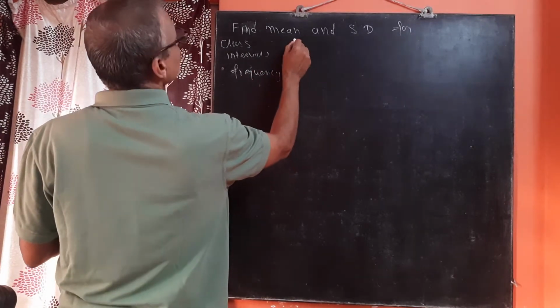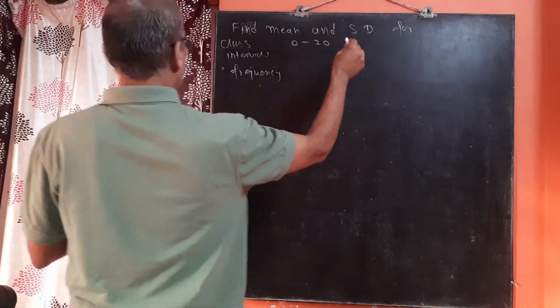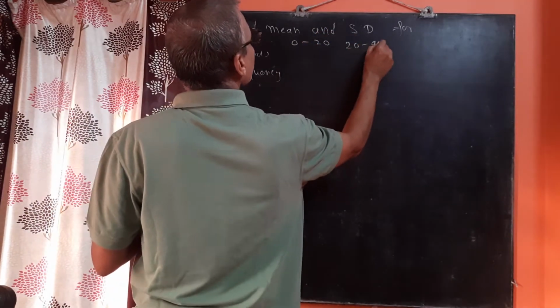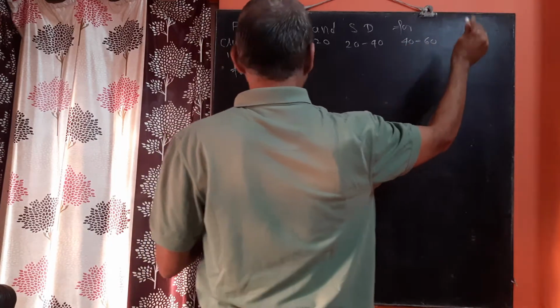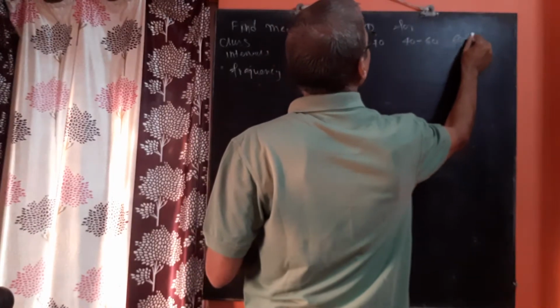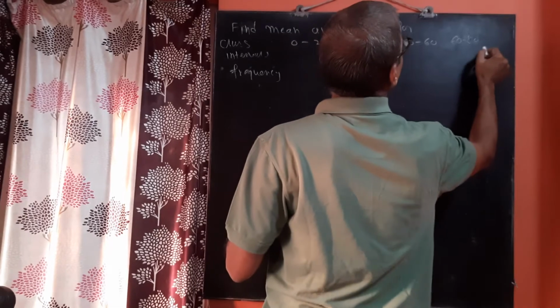Class intervals are 0 to 20, then 20 to 40, then 40 to 60, then comes 60 to 80, and the last one is 80 to 100.